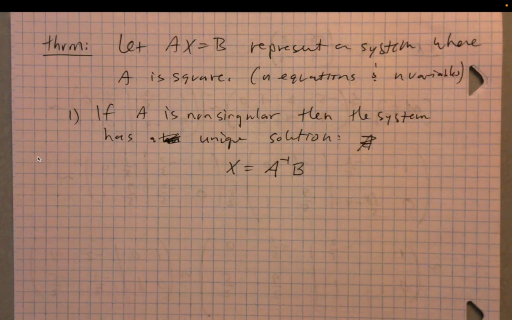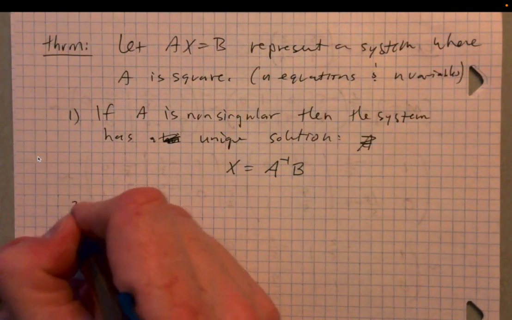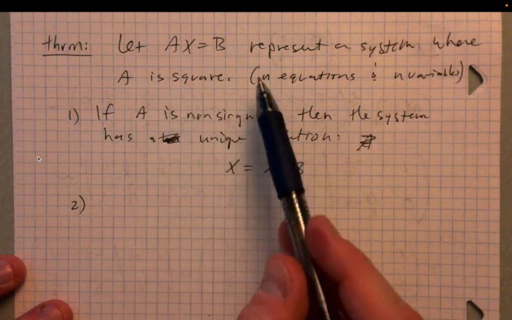Because this is basically saying that to solve the system, you can use the inverse. If you know the inverse, A inverse, you can just multiply it by the matrix B, and it'll spit out the X matrix. Kind of remarkable. This is only in the case of square matrices, however.